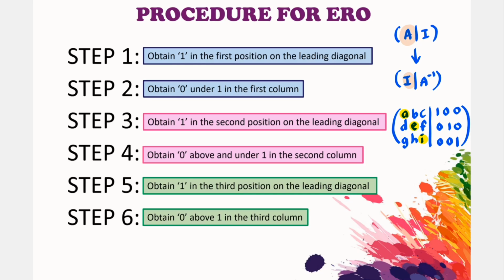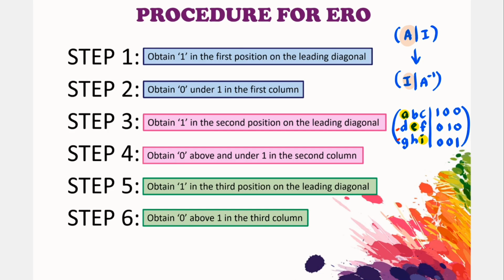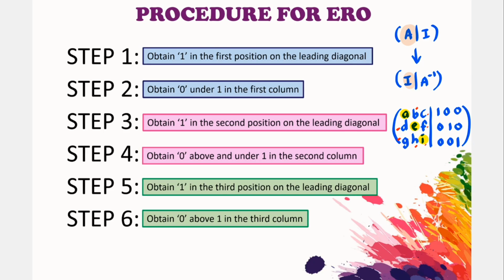So for step 1, A should be changed into 1, followed by D and G into 0. Step 3, E into 1, followed by B and H into 0. And step 5, I into 1, and C and F must be changed into 0. These are all the 6 steps for ERO.